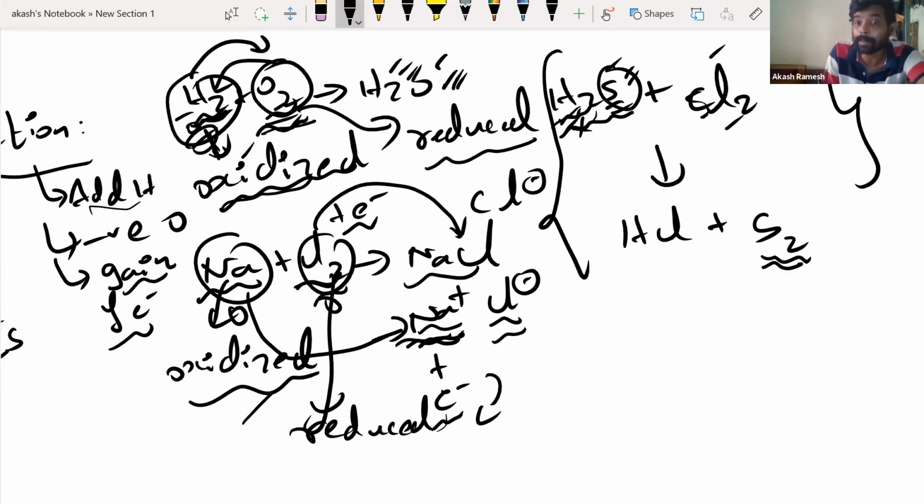Initially, on the reactant side, sulfur was with hydrogen, but on the product side, sulfur is not with hydrogen. It has lost hydrogen. So if it has lost hydrogen, is it oxidation or reduction?